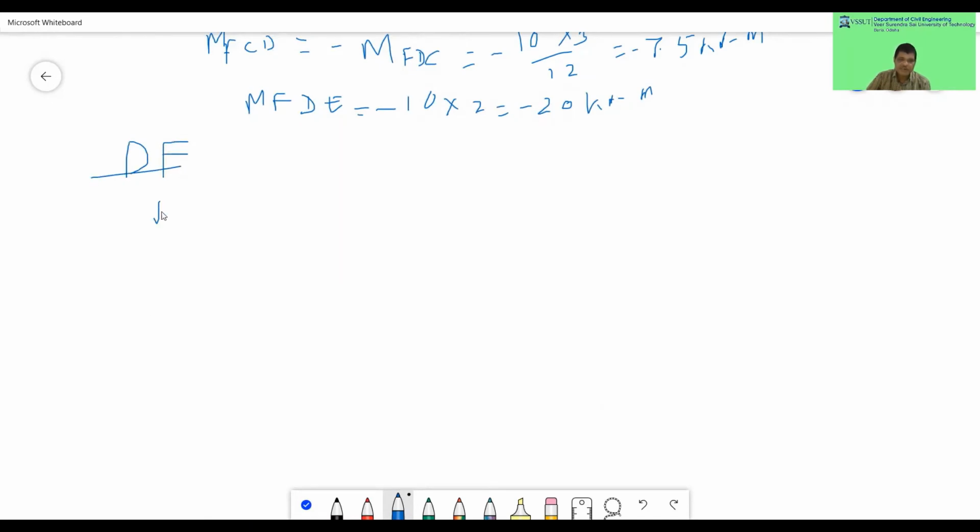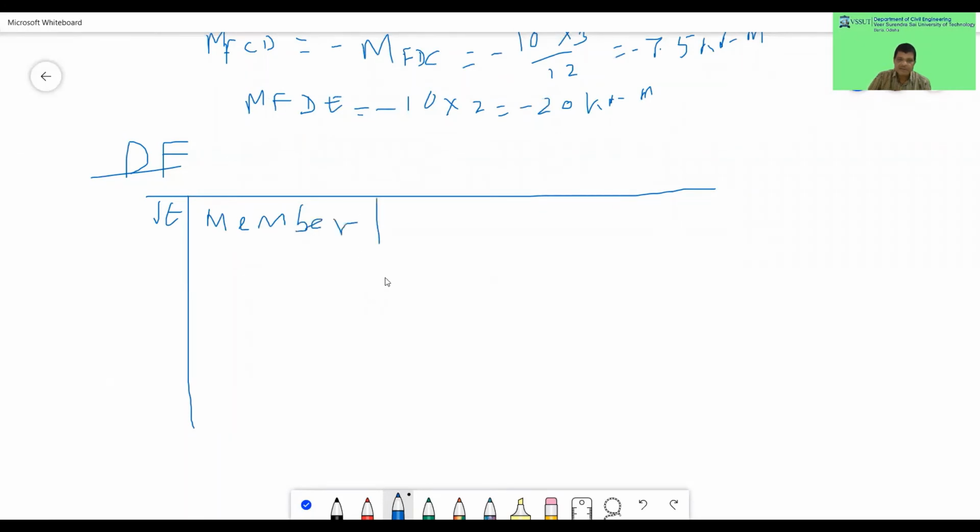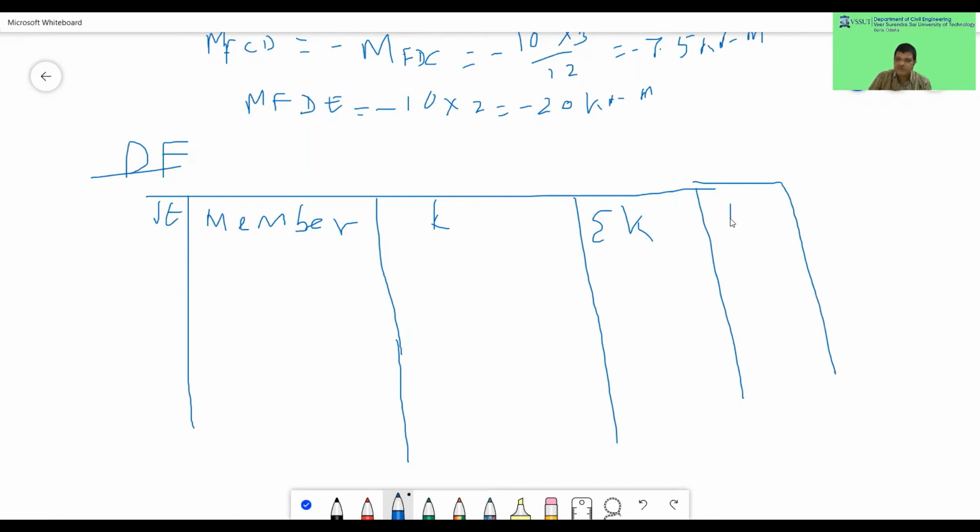You have joints, then the member, then the K value, then the sigma K value, and then the DF. This is how we calculate the values of distribution factor.